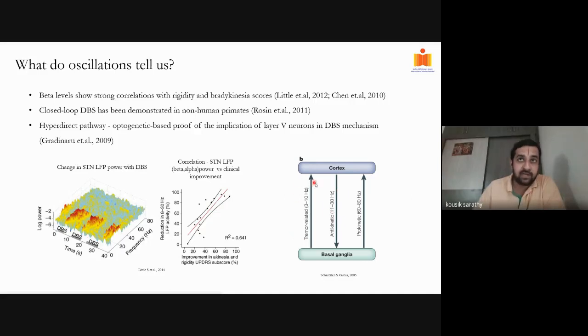Antikinetic. Tremor-related oscillations mainly come from papers from Lars Timmermann. He is one of the very few people who works on electrophysiology and tremor, and they could see that there is coherence between the flexor and extensor interplay.